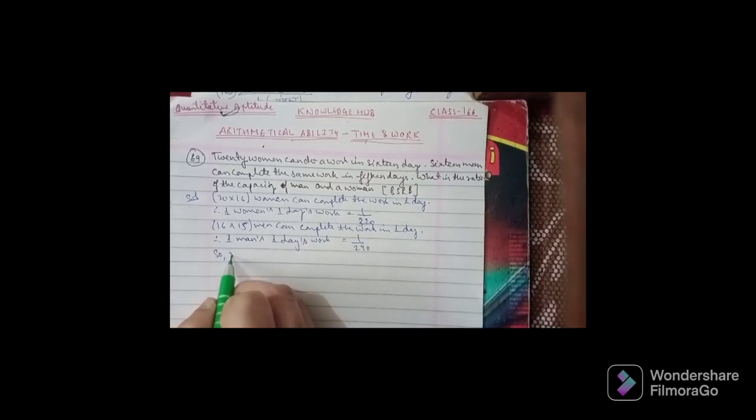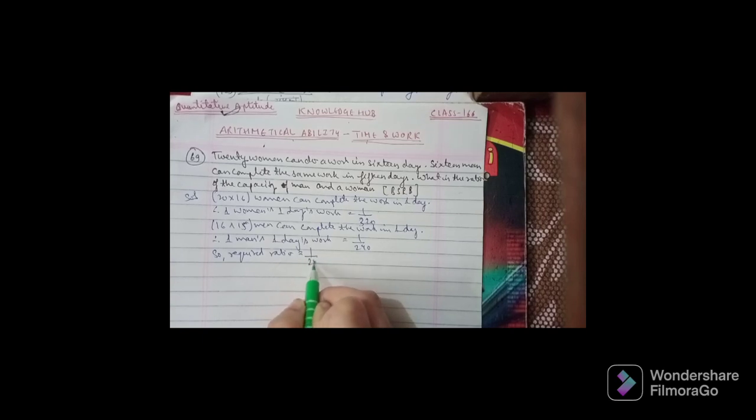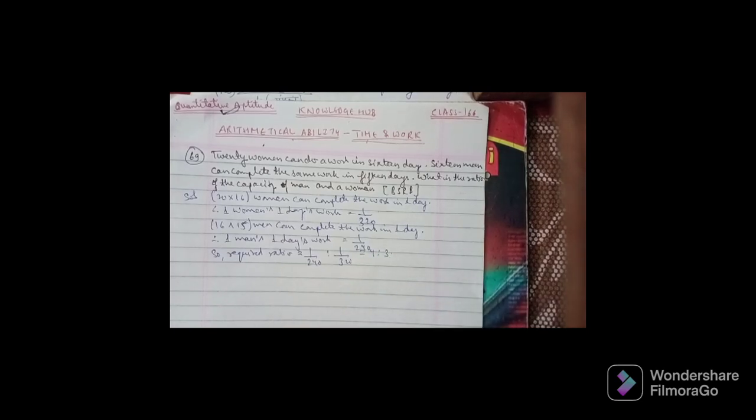So the required ratio equals 1/240 to 1/320, which is 4:3, that we have as follows.